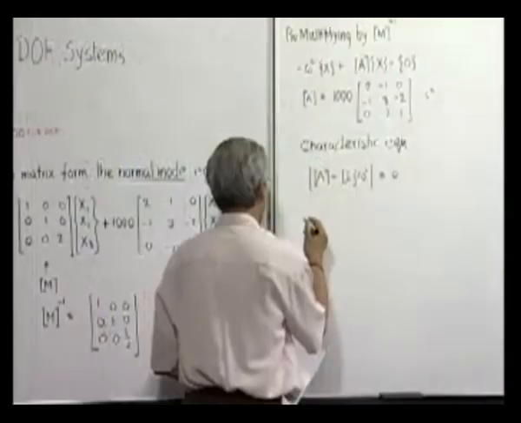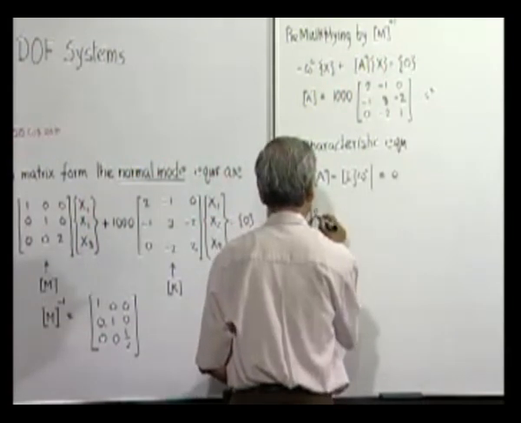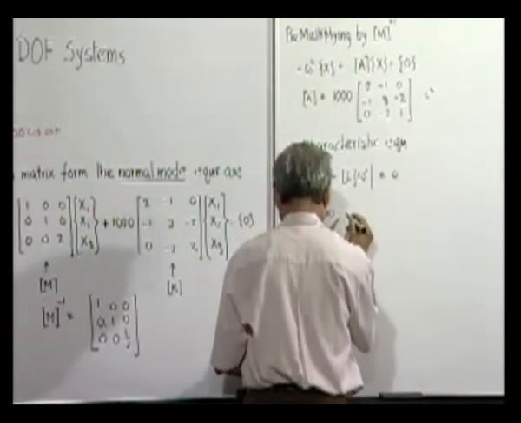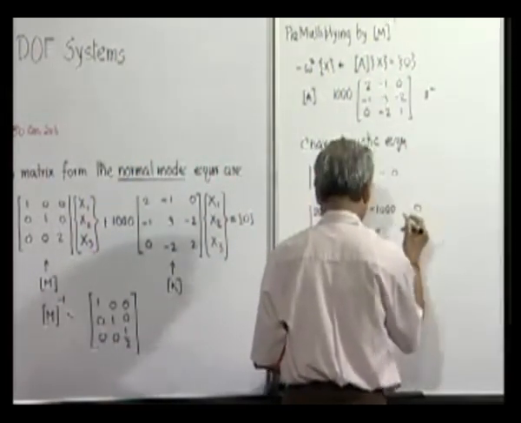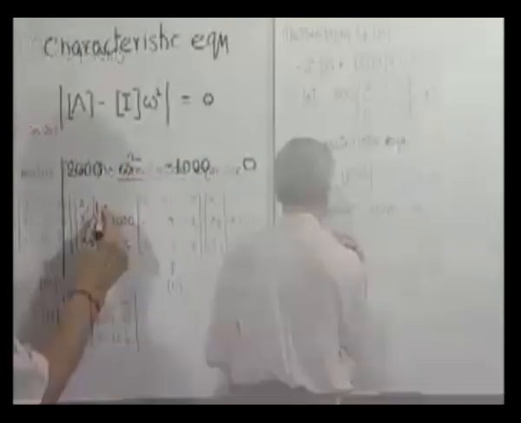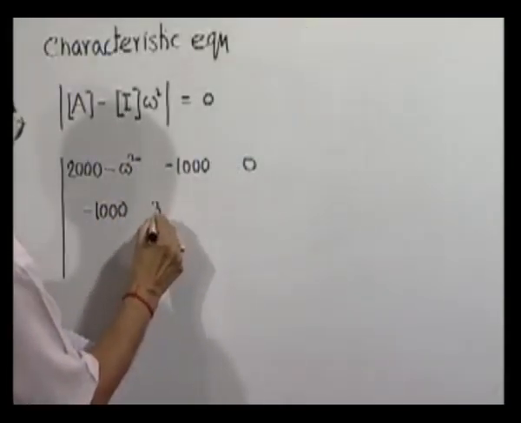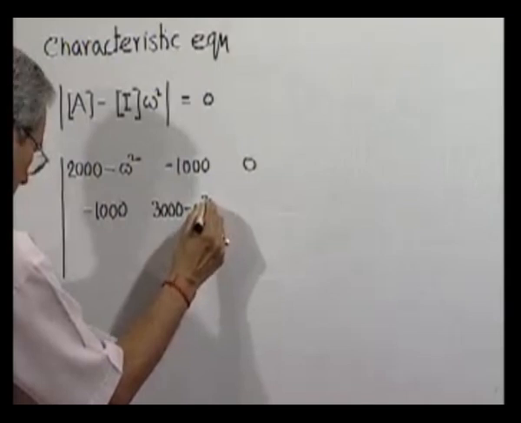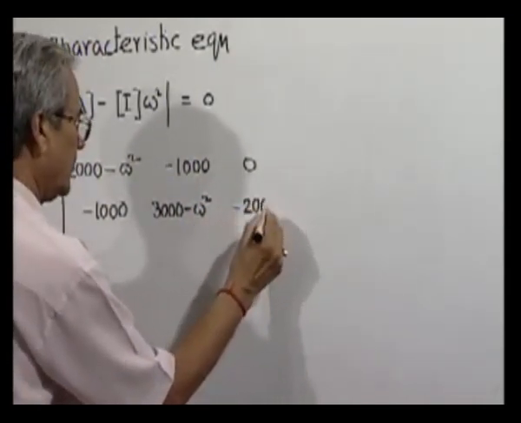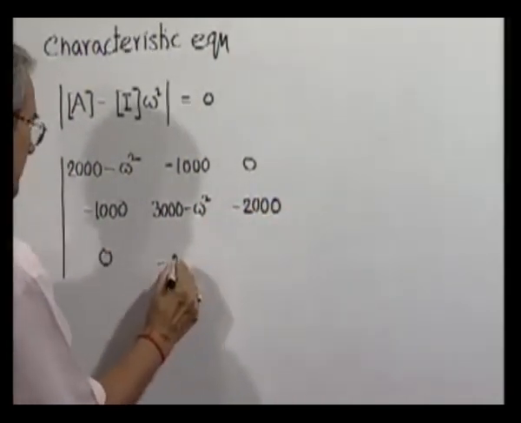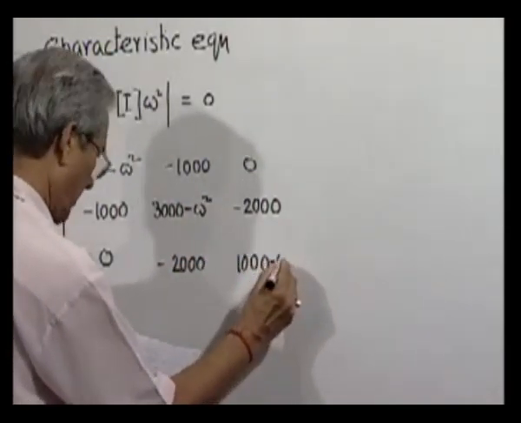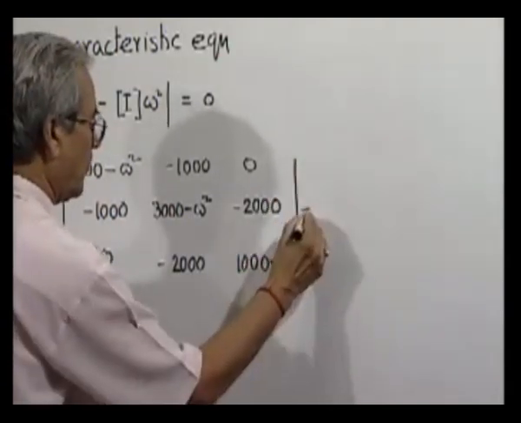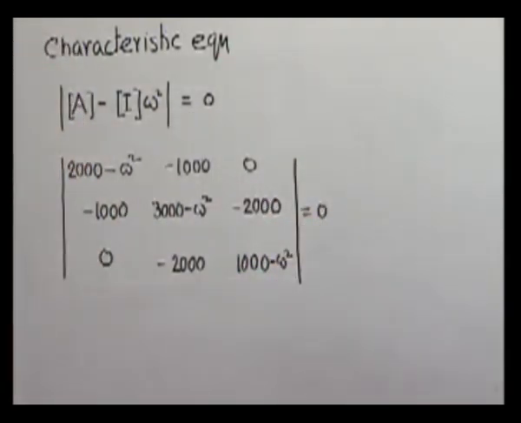When we write this in expanded form, it becomes 2000 minus omega square, minus 1000, 0, minus 1000. So we get a third degree equation in omega square.